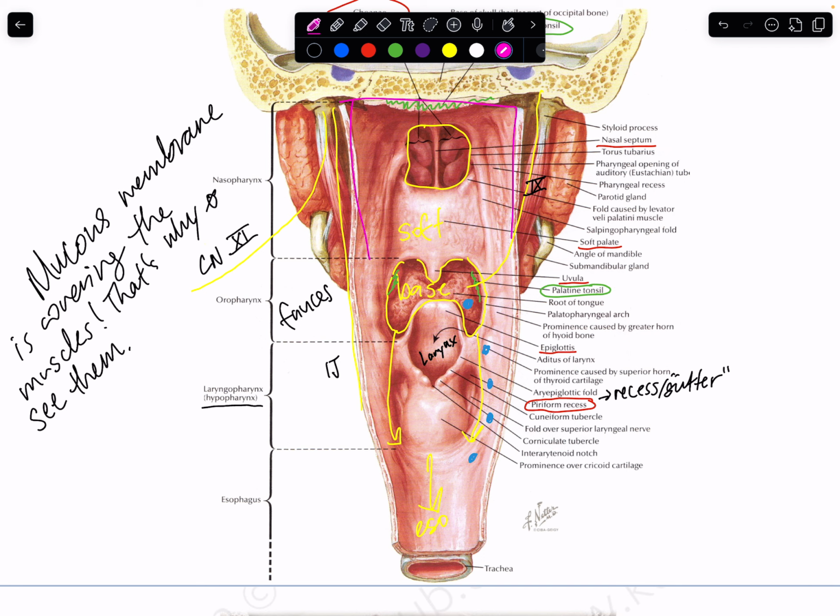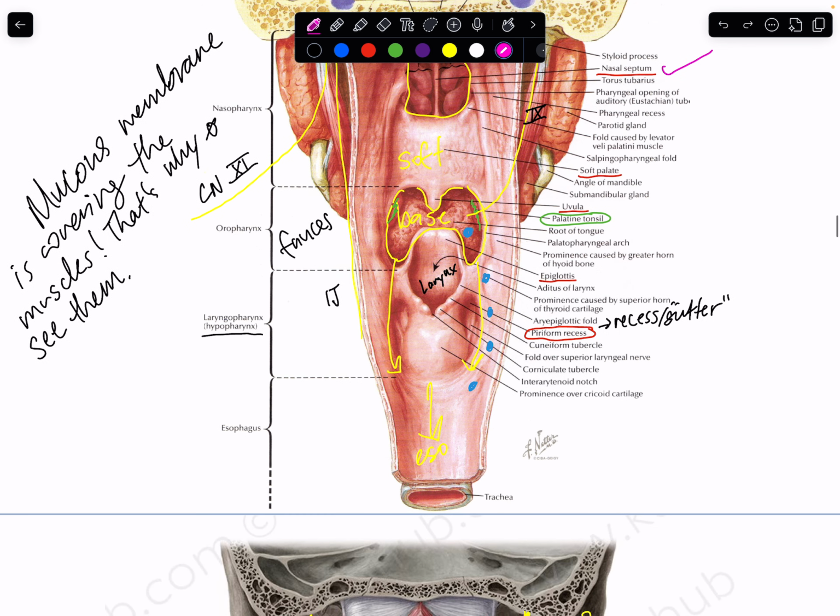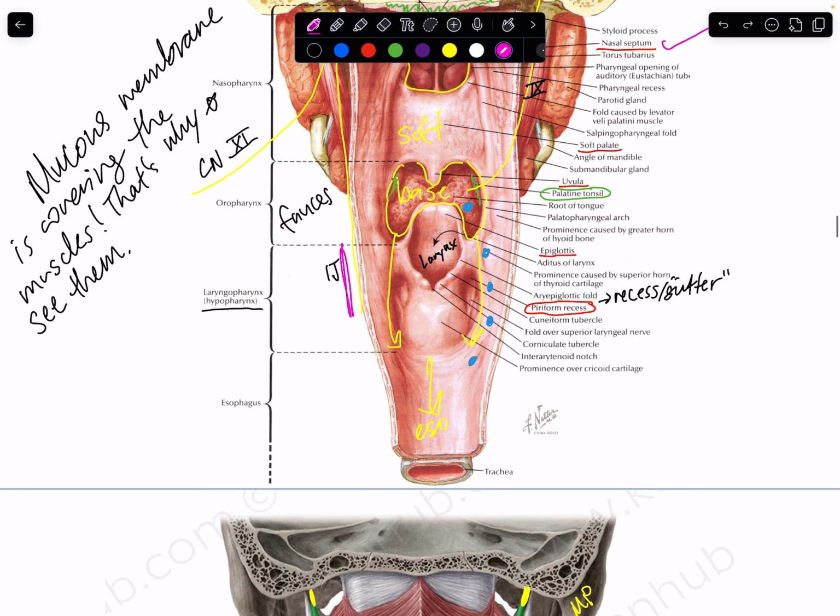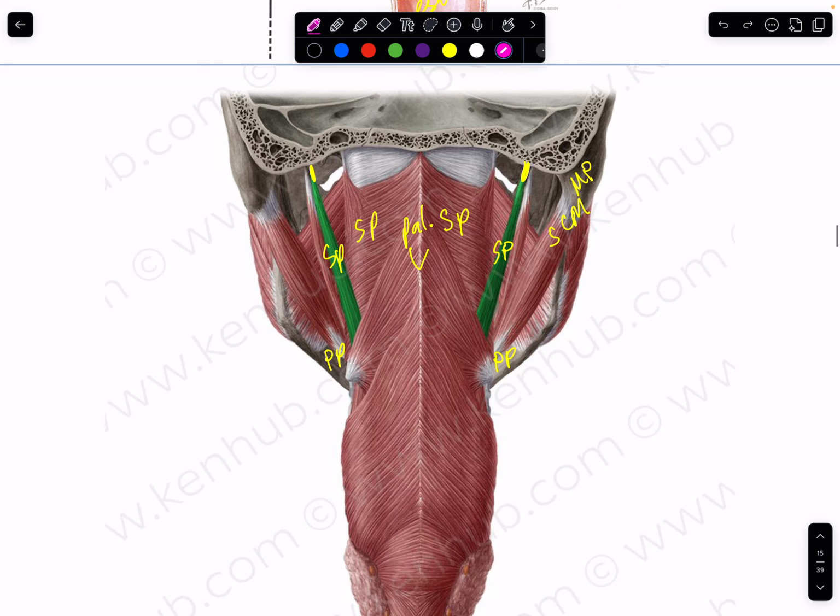So here's a view if we cut it right down the side and then took it downward so that we could see the front side, anterior, but we took away the posterior. Here's the nose with the septum and your nares there. Here's the tip of your larynx. You'd have some IJ, internal jugular, coming down the side. And here's the piriform recess where we will find your internal laryngeal nerve, which comes from cranial nerves 9 and 10.